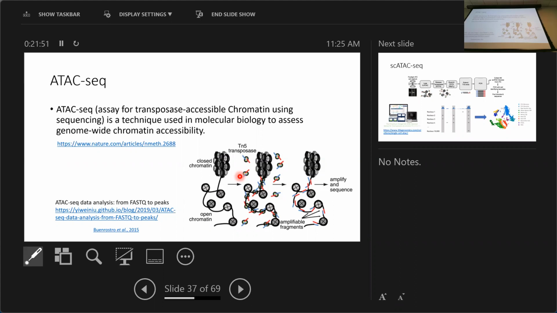If this is a promoter or enhancer region, it indicates the downstream gene's regulation is likely to be more active.